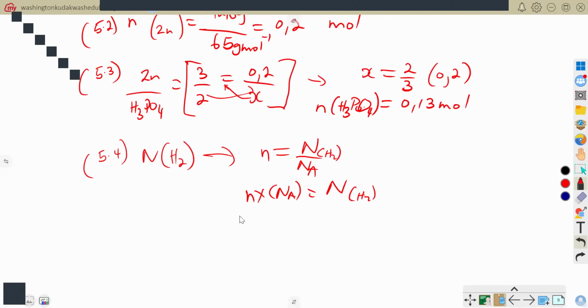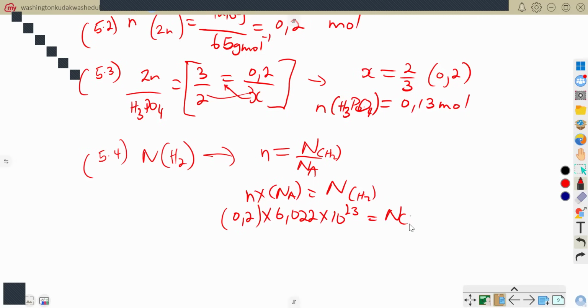So the number of molecules will be 0.2 moles of hydrogen multiplied by the Avogadro's constant, which is 6.022 times 10 to the power 23.